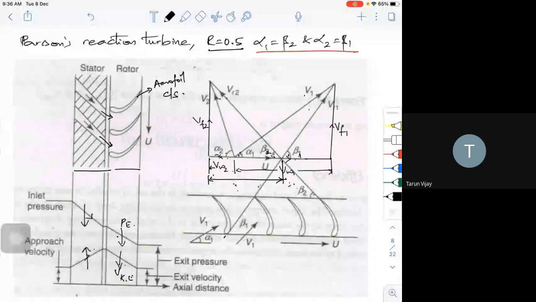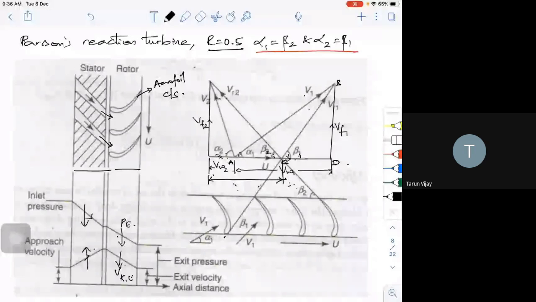That means, say if I call this as A, B, C, and this as D, E, F. So now if you look at it, your triangle ABC and your triangle DEF will be the same.